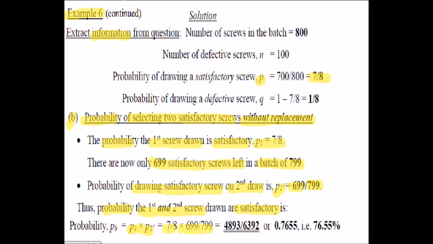That gives us a probability of 4,893 divided by 6,392, or in decimals 0.7655. As a percentage, probability is 76.55%.